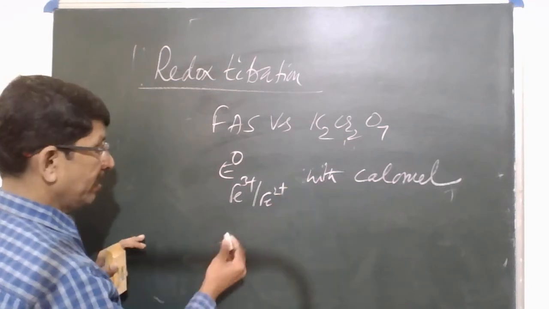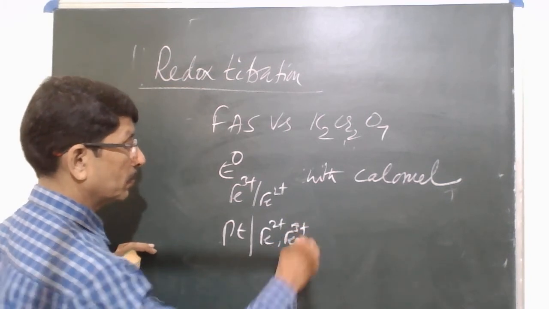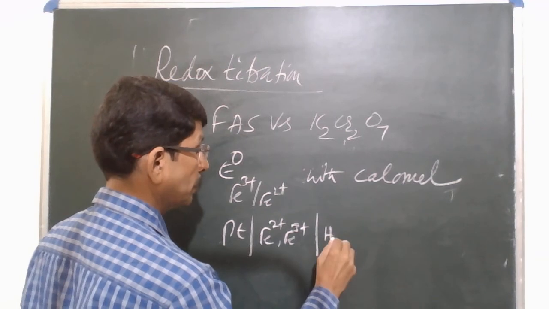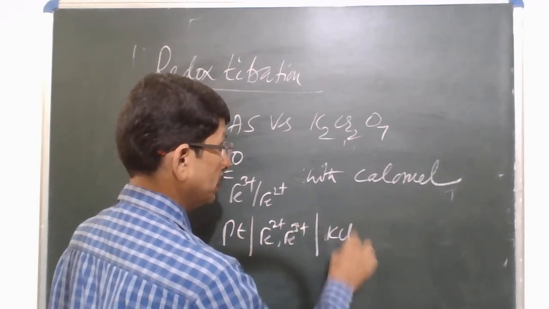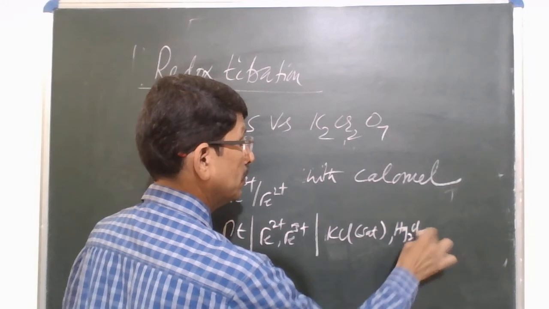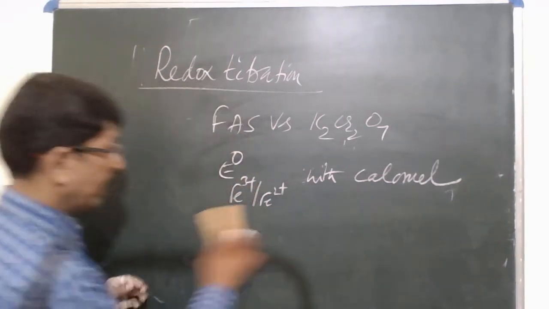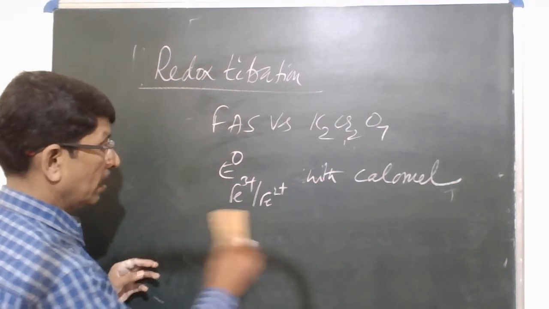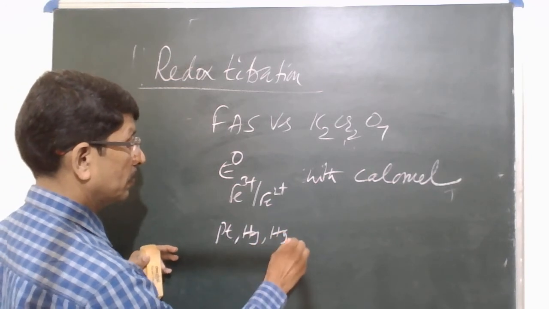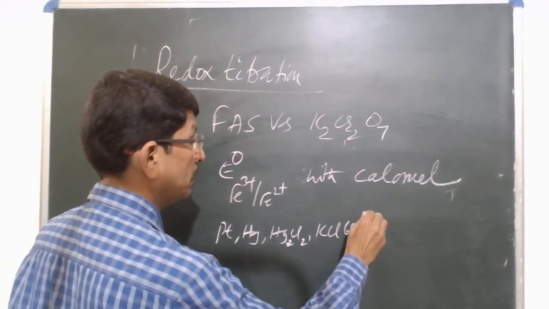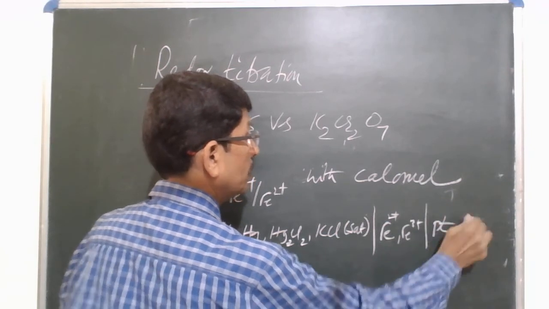So we can represent this cell as platinum, this is the cathode. First the anode is written, followed by the cathode.